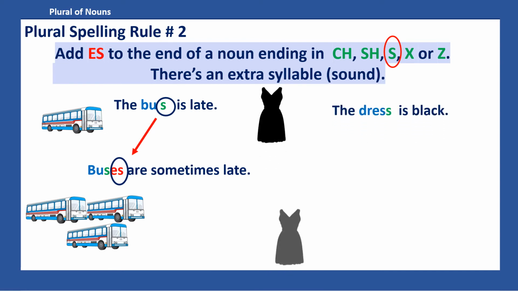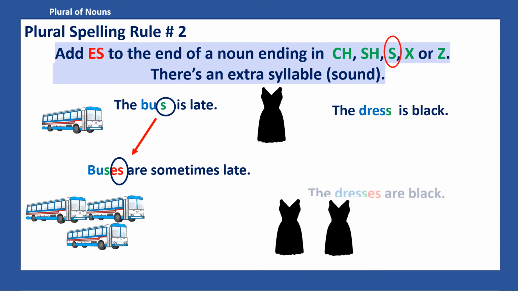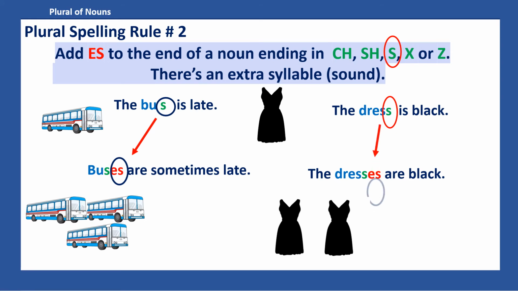The dress is black. The dresses are black. What's the noun? What's the countable noun in this sentence? Dress. What's the last letter? S. And when a countable noun ends in S, you add ES. And you add an extra sound.